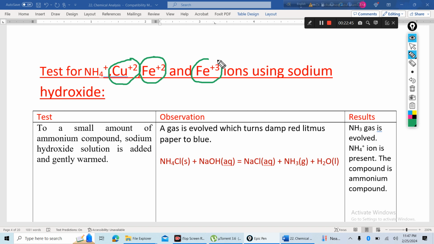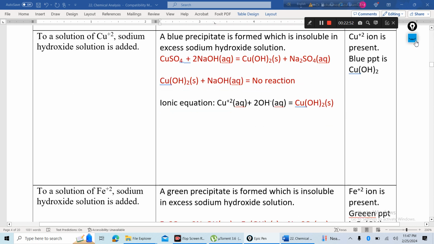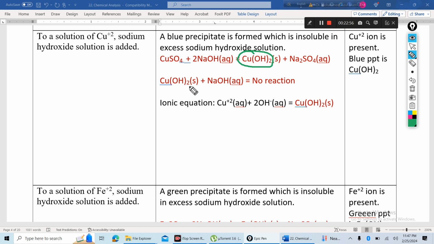Precipitate means solid. And you have to know copper 2 hydroxide is a blue precipitate. This blue precipitate does not dissolve on adding excess sodium hydroxide.